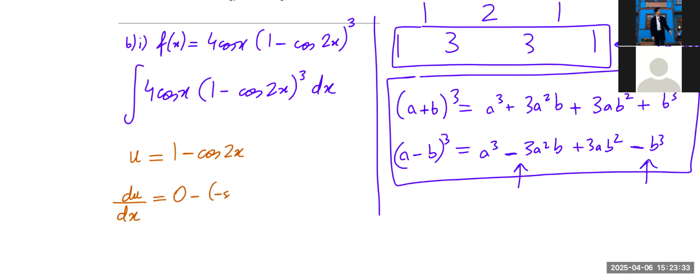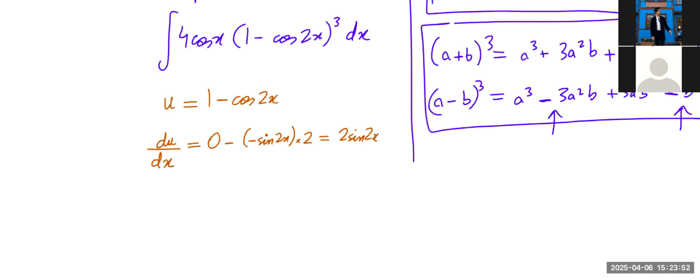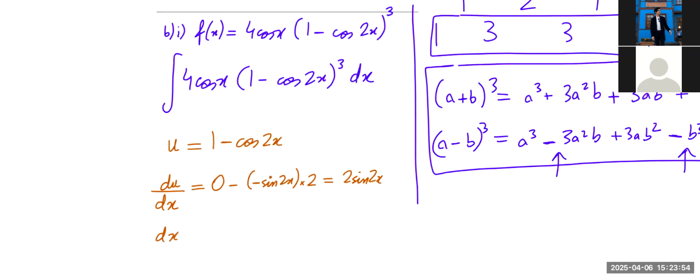Yeah. And when you derive something like this, you have to multiply it by the derivative of the inside of the thing too. Chain rule. So you have to multiply this by 2 because that's the derivative of 2x. So you end up with just 2 sine 2x. Now make dx the subject. So I'm going to take dx up there and take the 2 sine 2x down here.